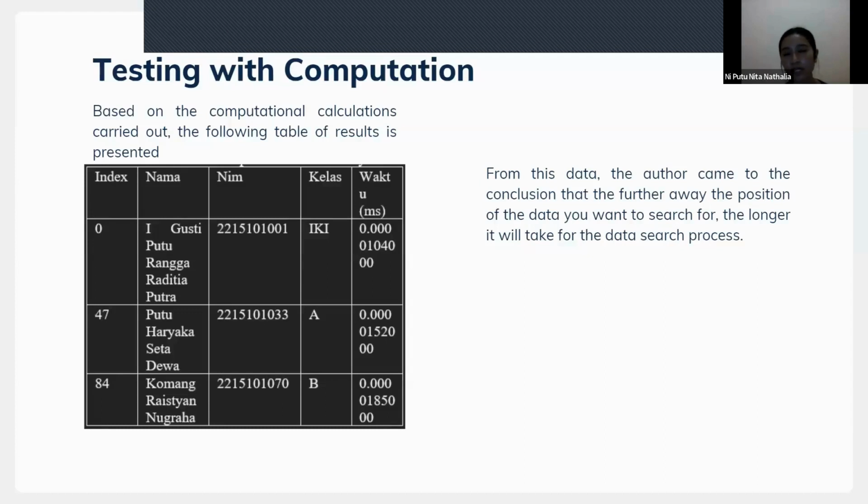It will show the index that stores that value, then the other values like name and class, and the most important, how much time was spent to search that data. From this data, the author came to the conclusion that the farther away the position of the data you want to search for, the longer it will take for the data search process.